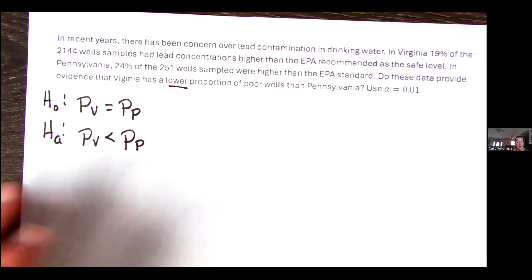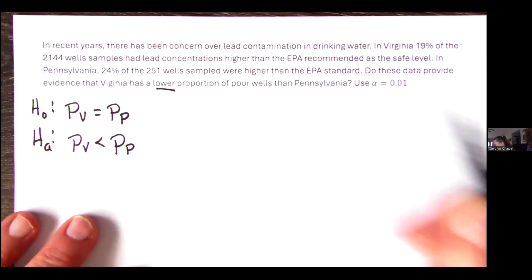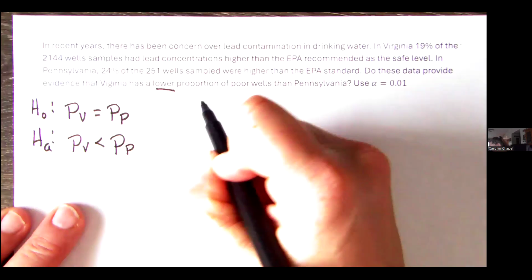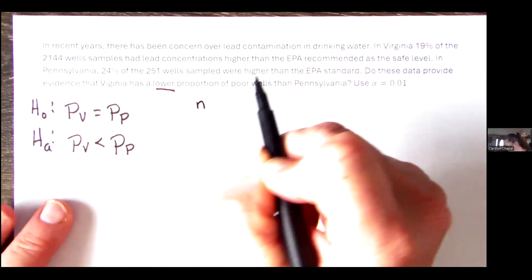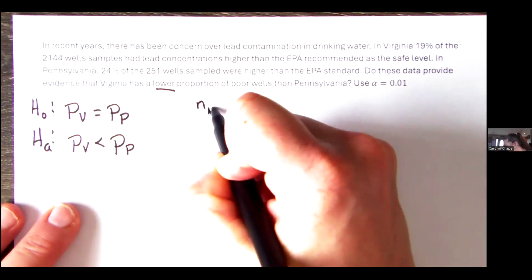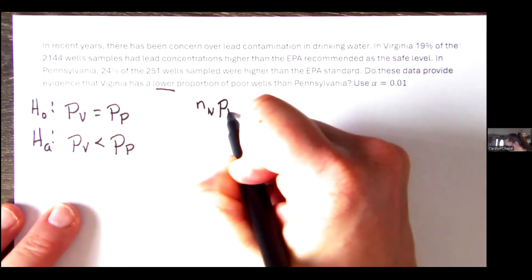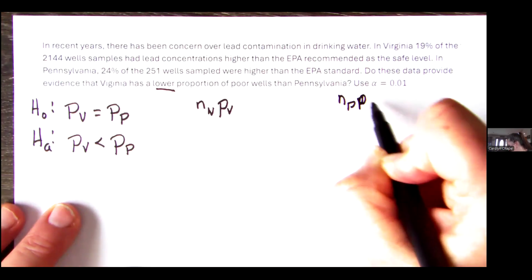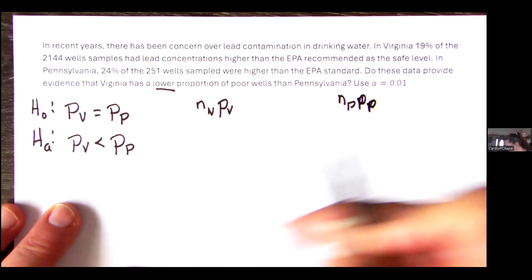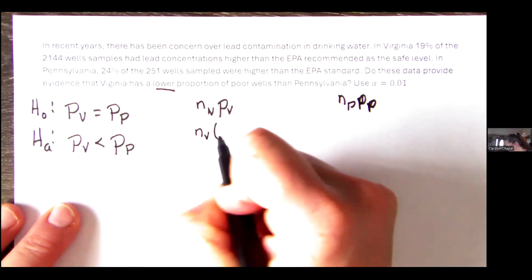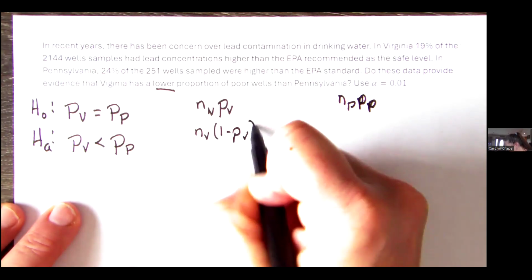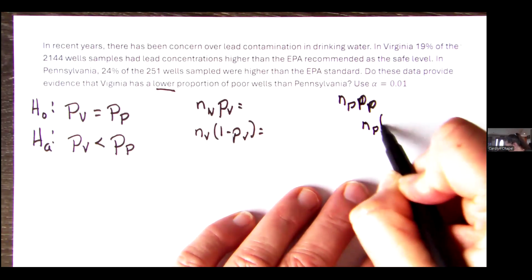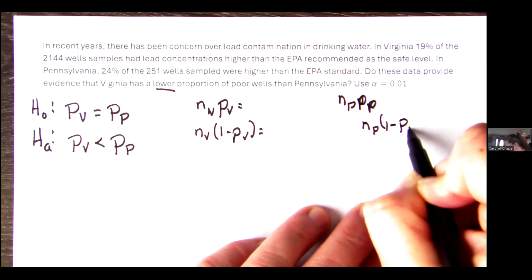Step 2 is to do all of our checks. So we have to make sure that our n's times our p's and our n times our p hats, p1s and p2s. So I'm going to do our Virginia, and I'm going to have to do our Pennsylvania. So number for Virginia, 1 minus. And we'll also have to do the one for Pennsylvania as well.